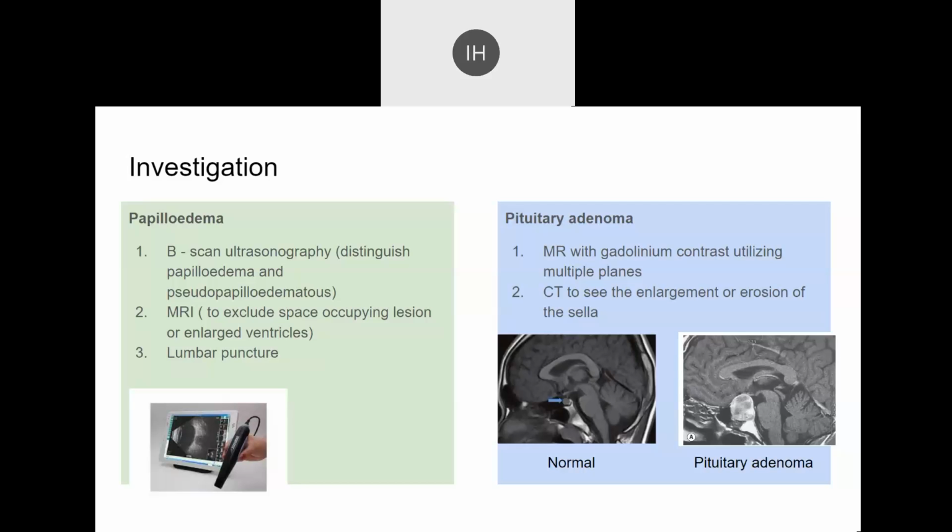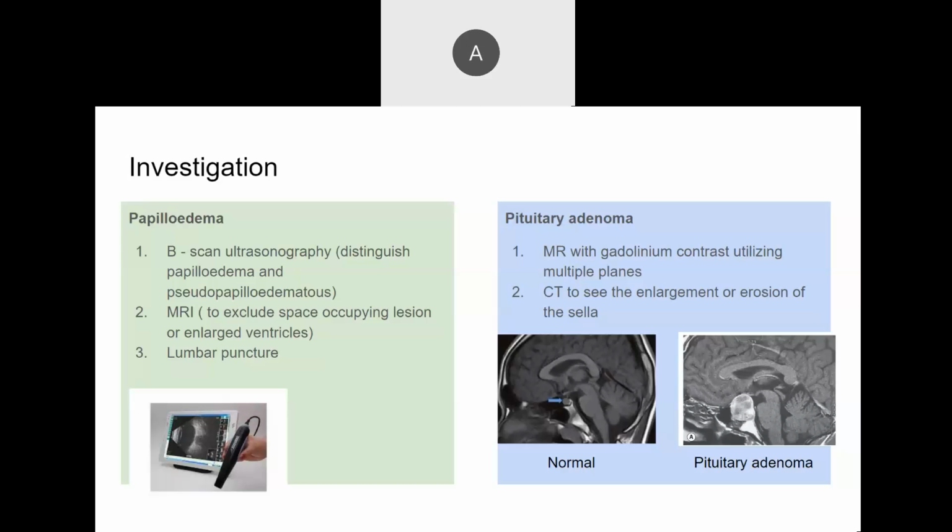In this case, we want to distinguish and rule out pseudopapilloedema. So we want to make sure whether the patient has papilloedema or pseudopapilloedema.